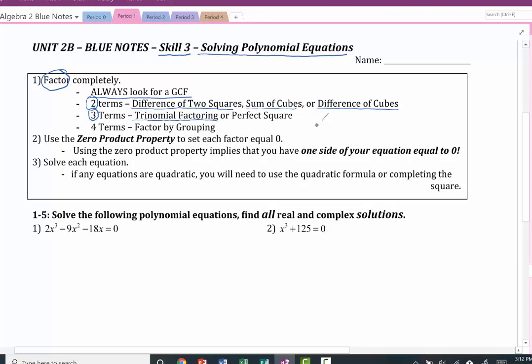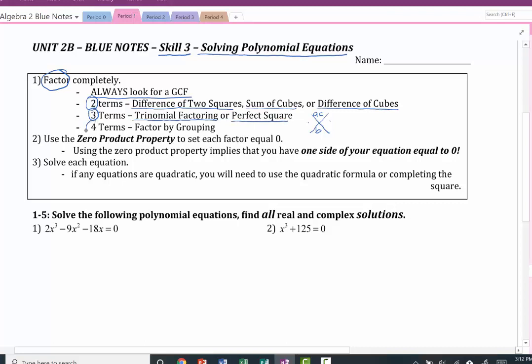But that's basically when you make this little x and you multiply a and c together and write b at the bottom, and then you find two numbers that multiply to a and c and then add to b and then go from there. Or perhaps the trinomial is a perfect square and we have a formula for that to get the factors, which you're welcome to use too when it applies.